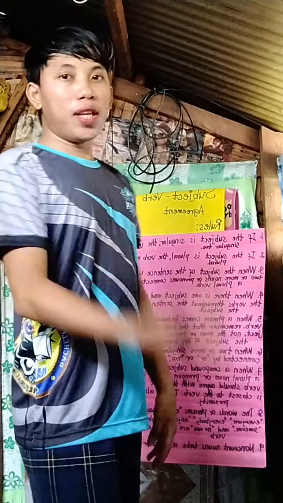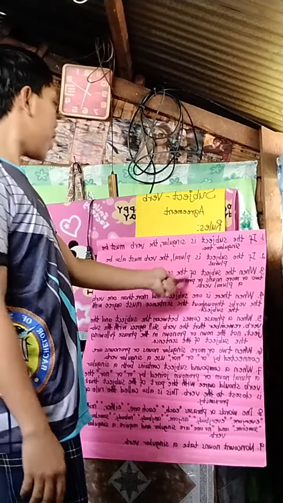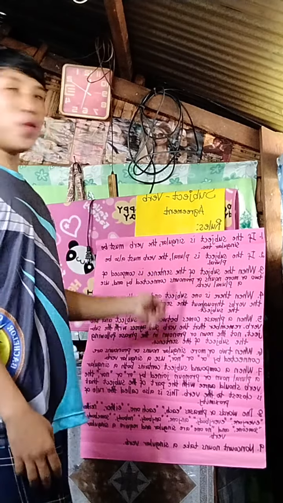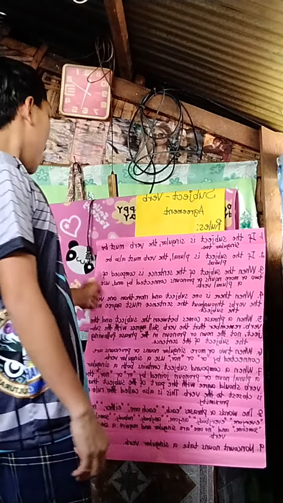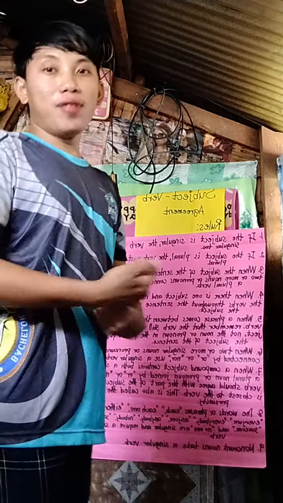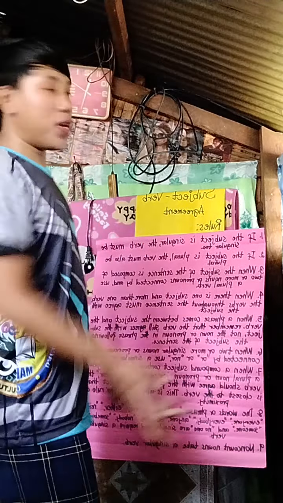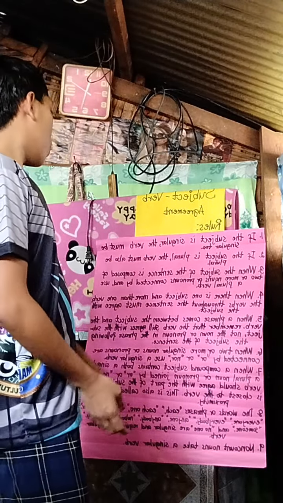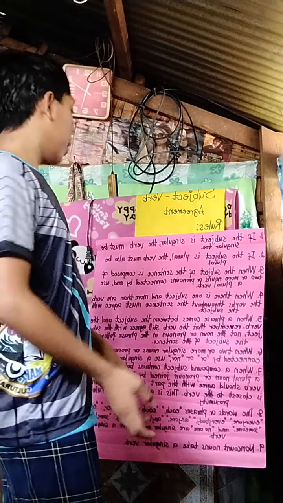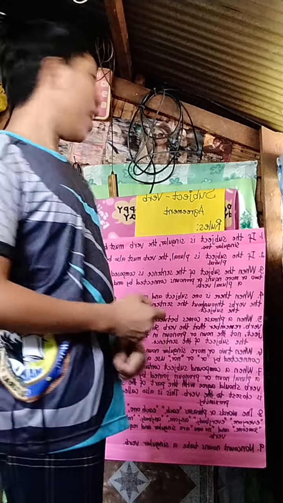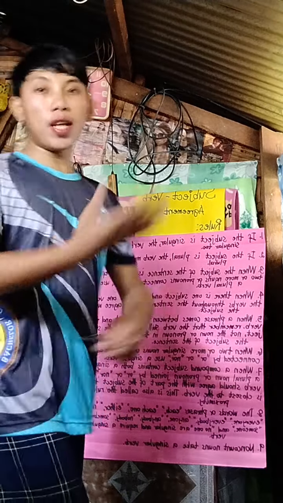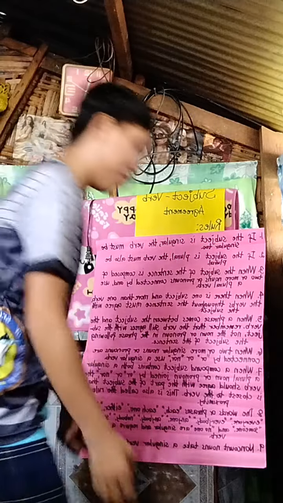The third rule is, when the subject of the sentence is composed of two or more nouns or pronouns connected by and, use a plural verb. So, rule number 3 is, when the subject is composed of two or more nouns or pronouns connected by and, use a plural form of the verb.